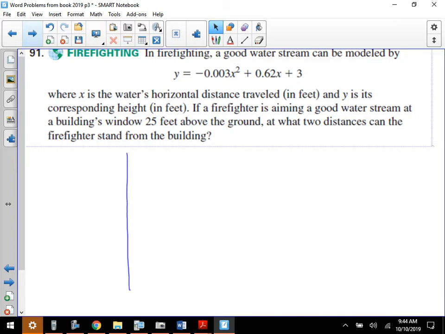Now, this curve has a C value. That curve, there are two different heights or two different distances you can be away that you can get to the window that's 25 feet up.